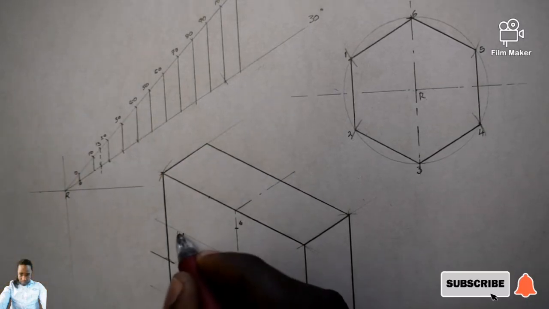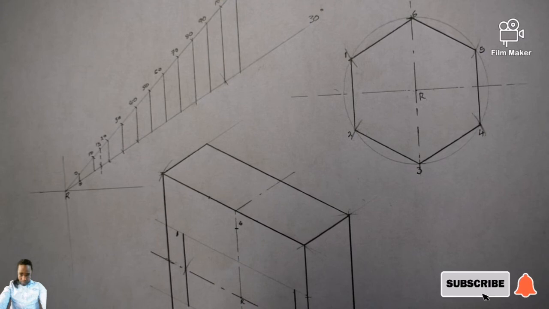So which means I've gotten 0.1. This is going to be your 2, 3 is already there, 4, 5, 6 already there.